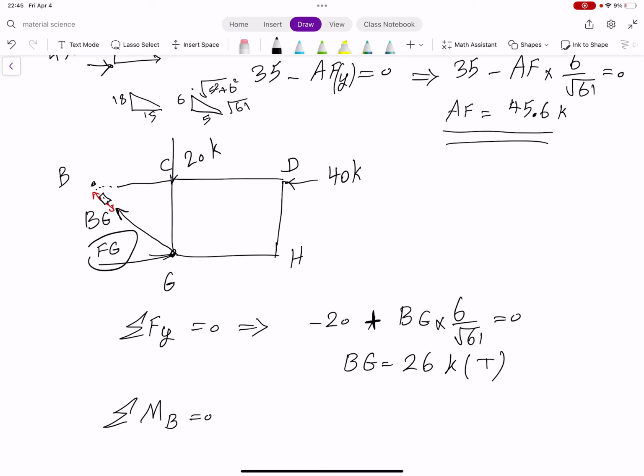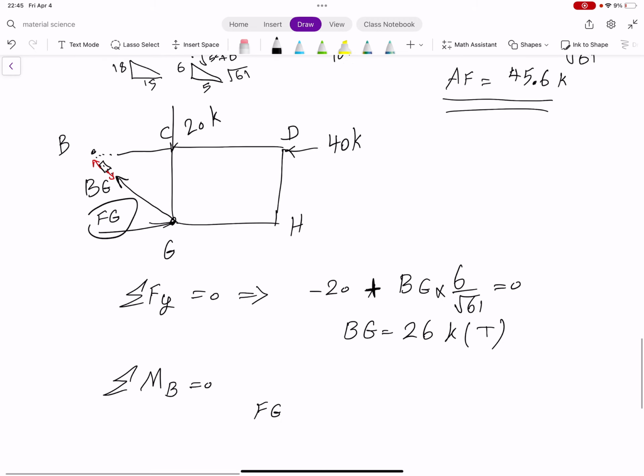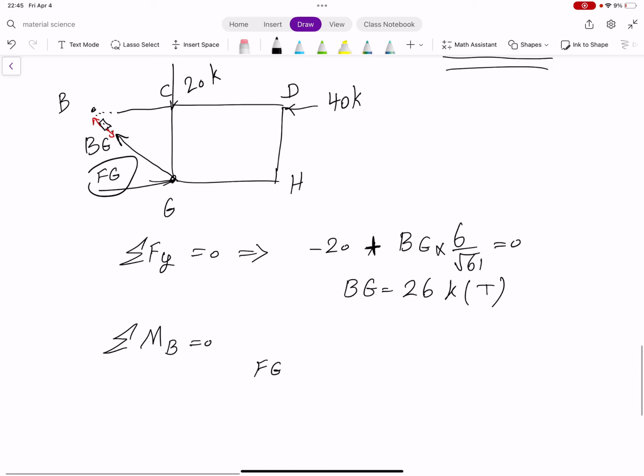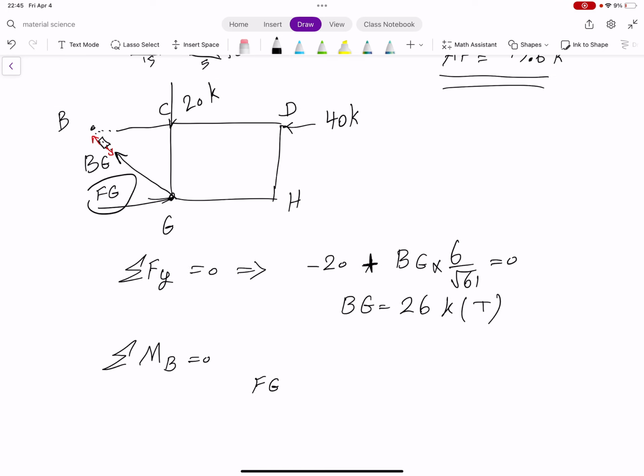Equals 0. FG times 18, making counterclockwise. 14 has no effect. 20 making clockwise, 20 at point C. What is the distance?